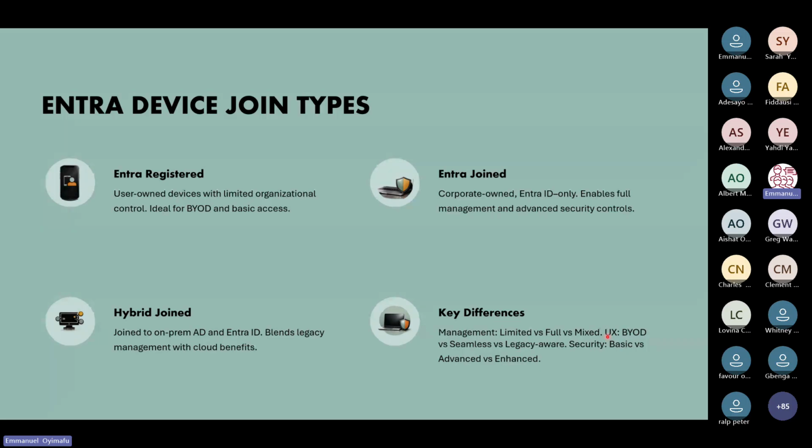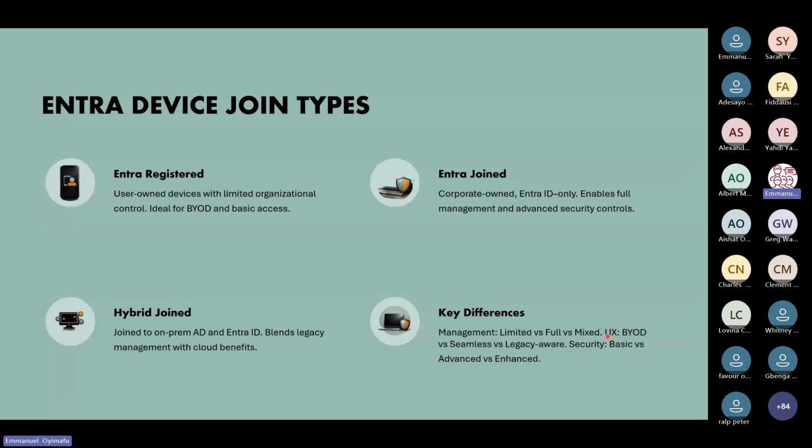Anything hybrid means you are combining two things. When we say hybrid users, those users are actually existing on-prem and also in the cloud. So hybrid joined devices are devices that actually exist in the local Active Directory and also in the cloud.